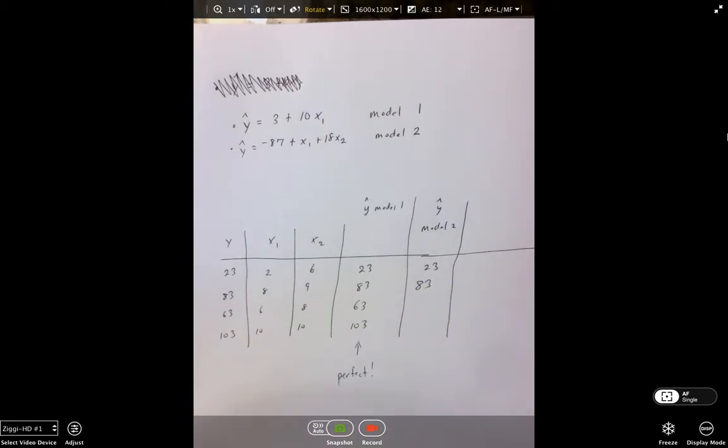And let's put 6 in for x1, and 8 in for x2, and I get 63. And you'll never figure out what I'm going to get for the next one. You got it. If I put 10 in for each of these, I get 103.